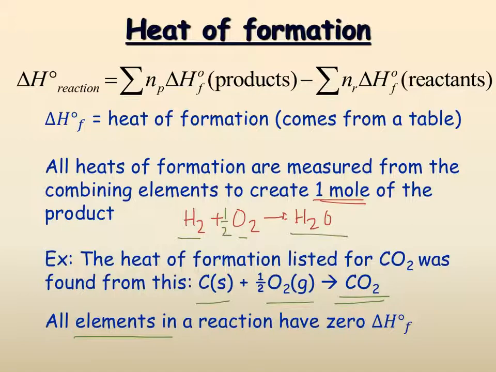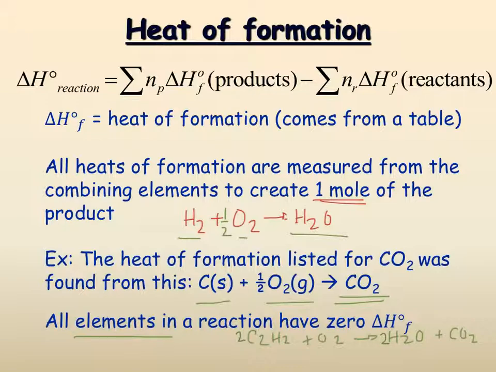Another thing is if you ever see an element in a reaction, okay? So say a combustion reaction where you have like C2H2 plus O2 yields water and carbon dioxide. And let's see, to balance that, based on my odd divisor of hydrogen on the left, I'm going to have to double this one.